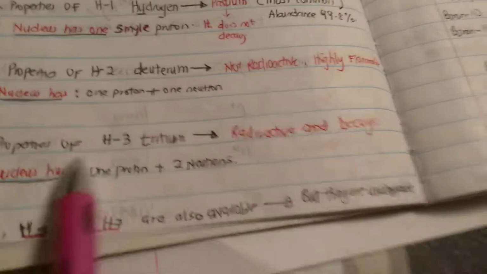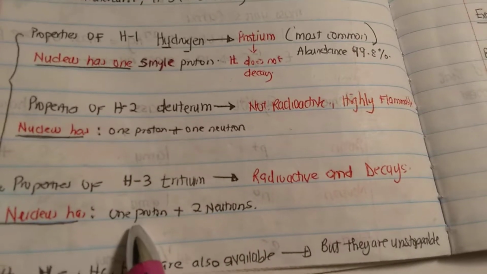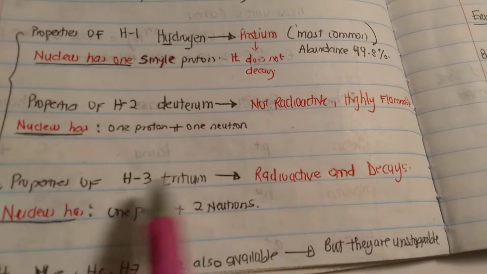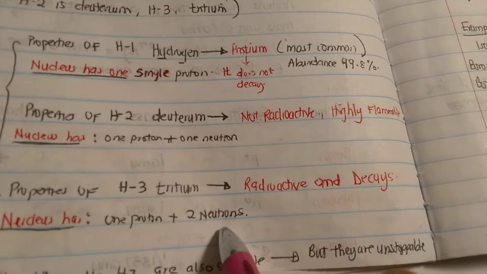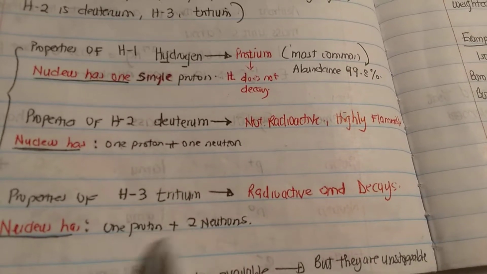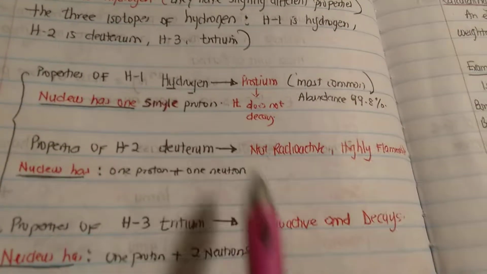So for tritium, H3, you have one proton and two neutrons, so it still has one proton, one electron, but has two neutrons. So the mass number is going to be 3. Mass number here will be 2, mass number here is 1.